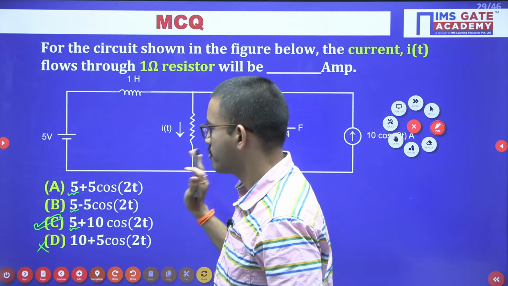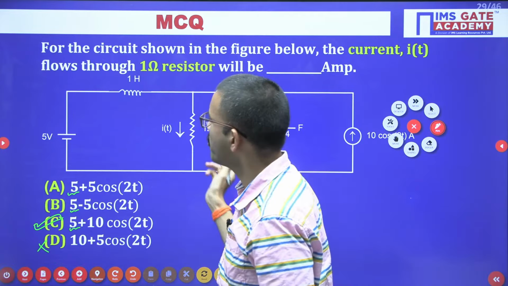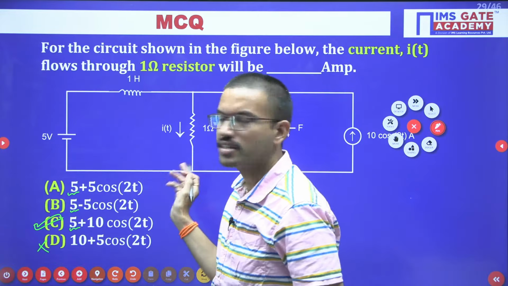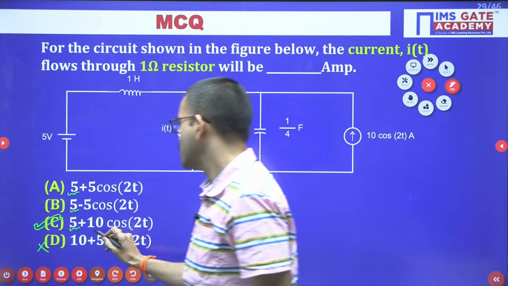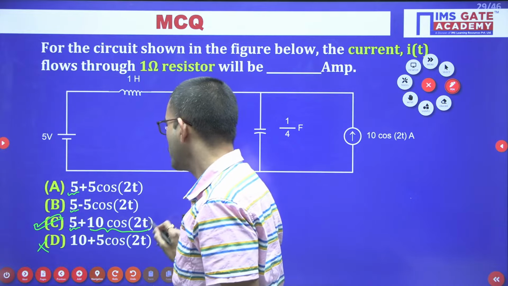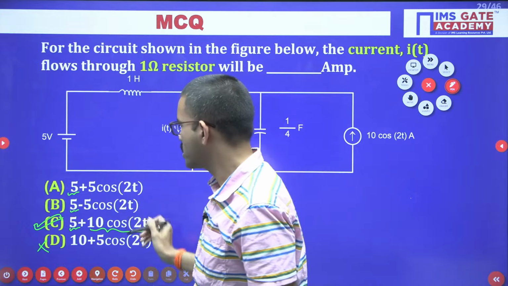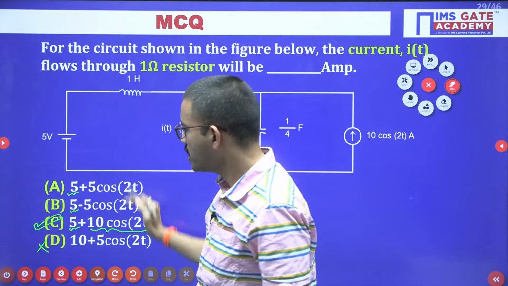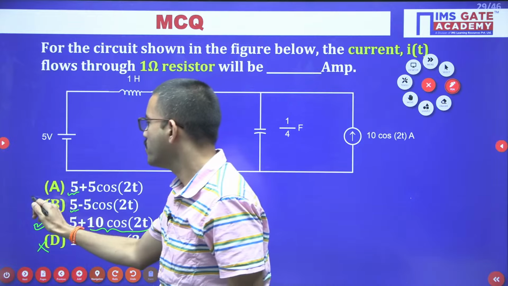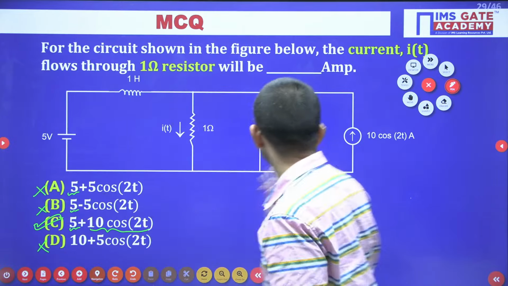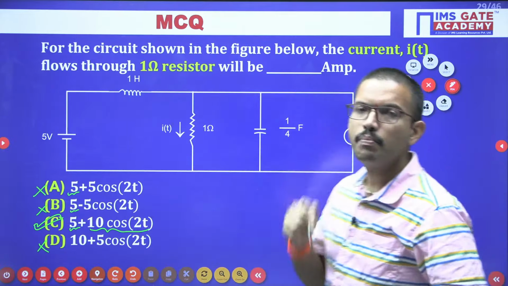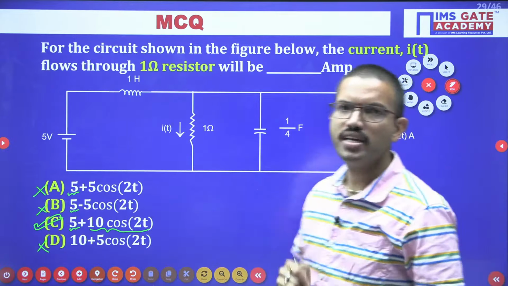But if you have verified with the help of the second case, that means with the AC current source, then because of that you are getting 10 cos 2t, that much current is flowing in this particular 1 ohm resistor. Regarding this particular term, there is only one option. So whoever attempted this question with the second case at the beginning can choose the correct option in less time.